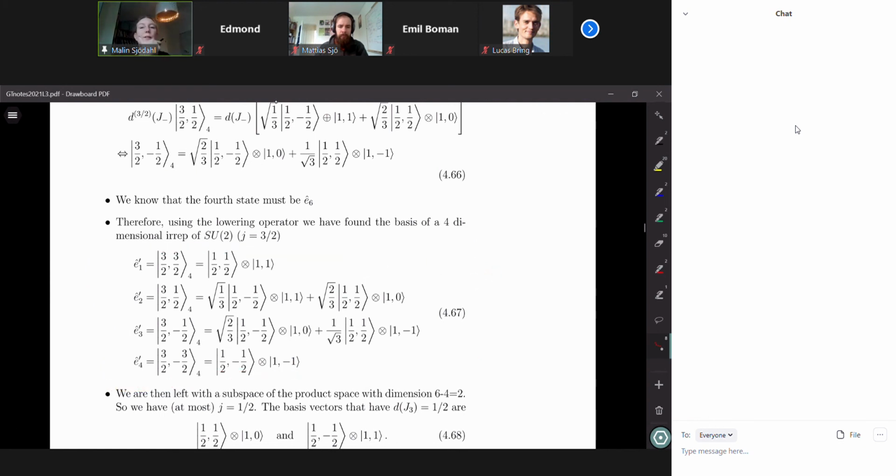That's 4 states, and they correspond to this J = 3/2 representation, and we should exactly have 4 states, so we have found all of them, but our space was 6-dimensional. So there is something more hiding in this space.